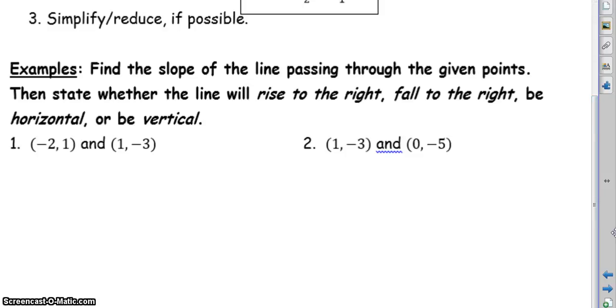Okay? So the first thing we would do is we would mark up our points x1, y1, x2, y2. Then we would take those points and put them into the formula.